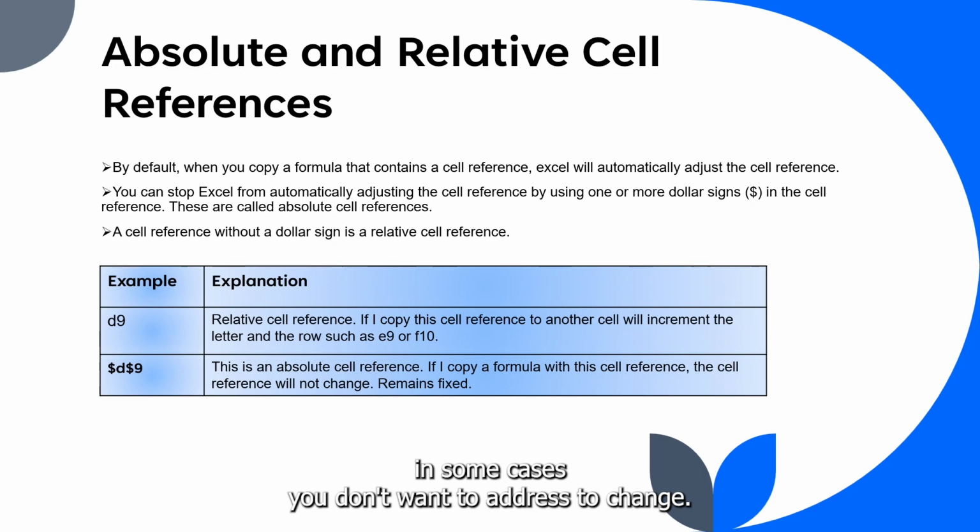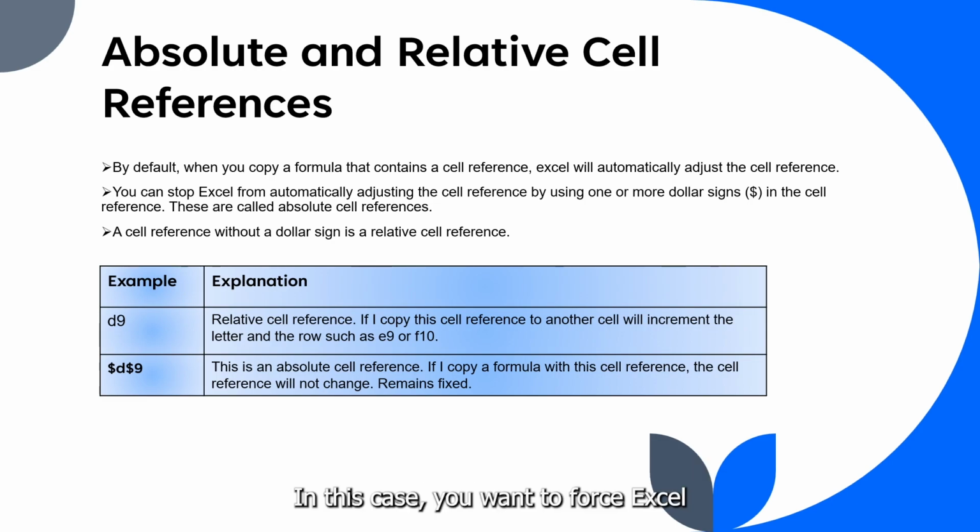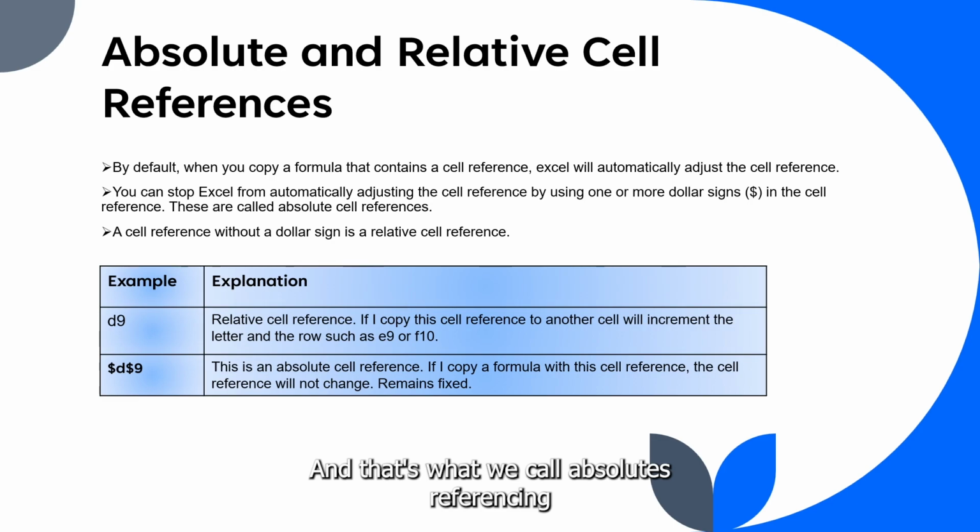However, in some cases you don't want the addresses to change. You want the address of a particular cell to remain fixed. In this case, you want to force Excel to keep pointing to the same cell address, and that's what we call absolute referencing.